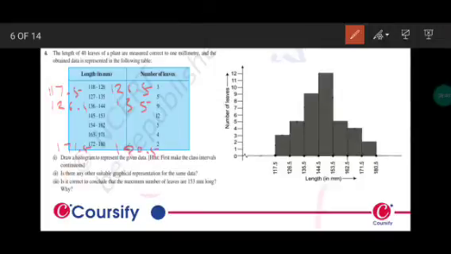According to this, the upper value is equal to the next lower value, so it is continuous data. So now we can draw the histogram.